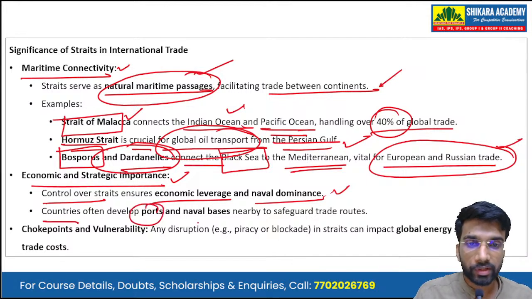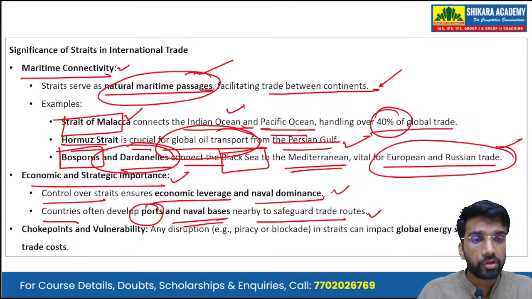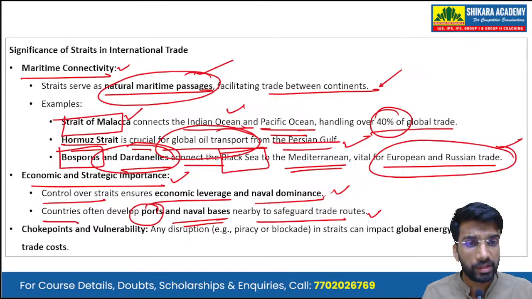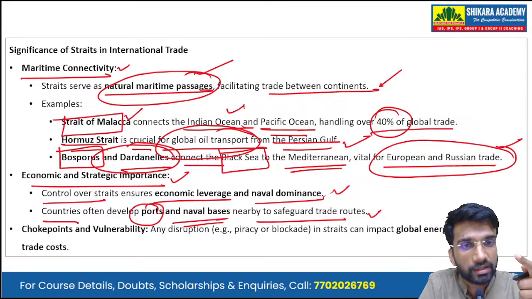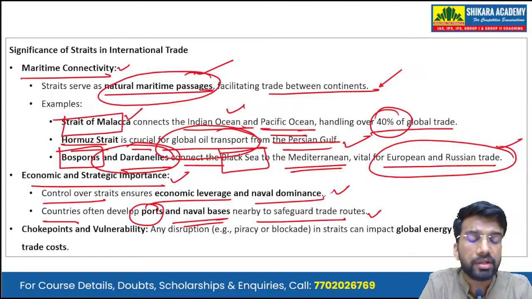Countries often develop ports and naval bases, integrated military bases as well, nearby to safeguard trade routes, because guarding the straits ensures safeguarding the trade routes.